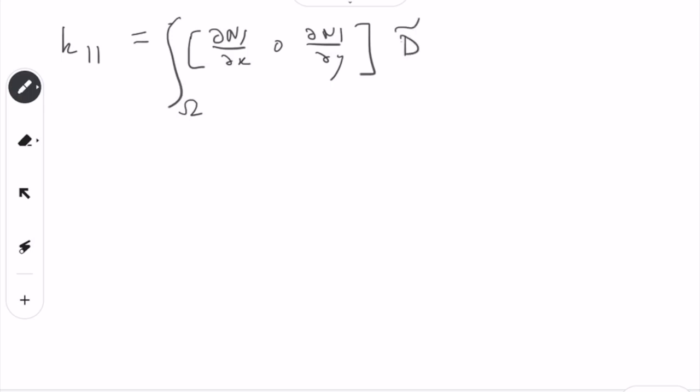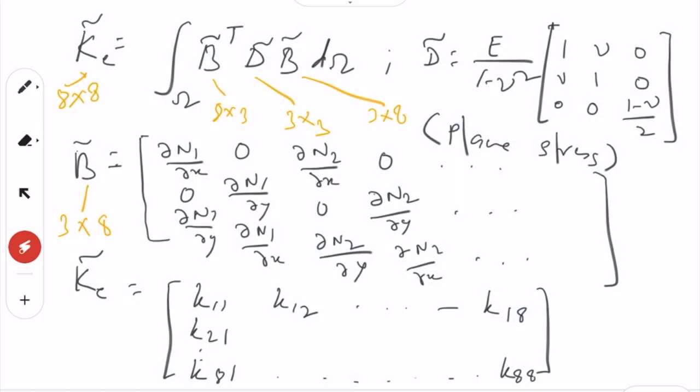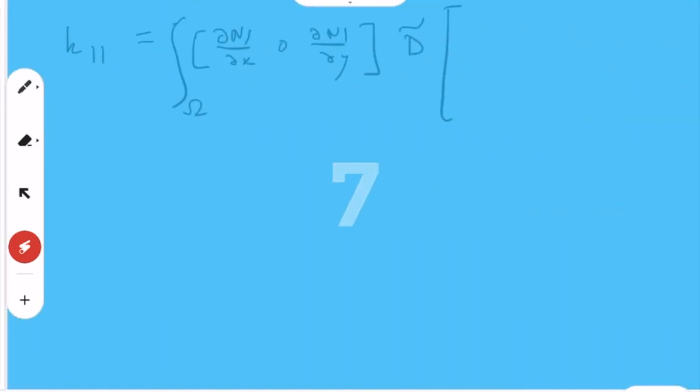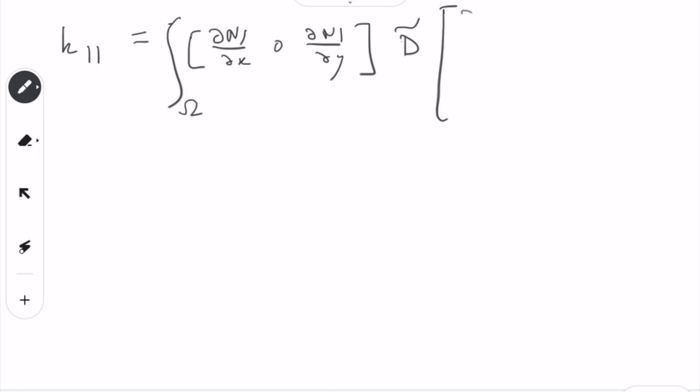Then the same thing we will get here: the first row of B transpose, which will be like this, and then the first column of B, which is like this. So, we will have del n1 over del x, 0, del n1 over del y, then D.